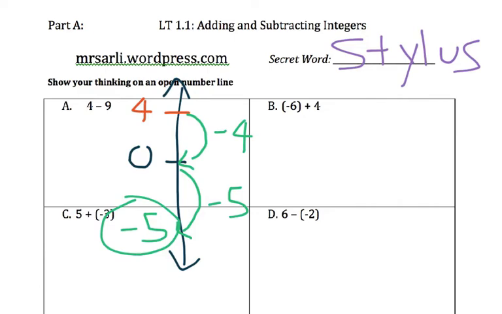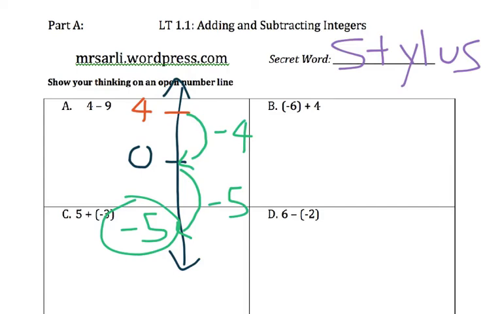I'm going to skip B, I'm going to skip C, but I'm going to go to D. A big part of the unit involved knowing what to do when we add a negative number or subtract a negative number, and we watched the movie, well, part of the movie Up, to give us a way to think about it. So this problem says 6 minus negative 2. Subtracting a negative means we're subtracting weights.